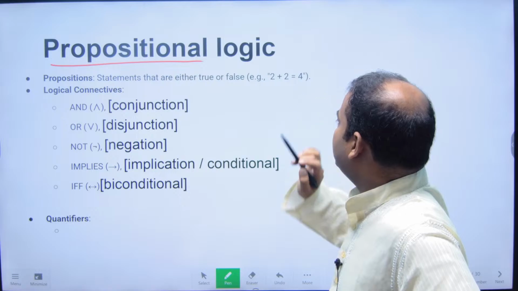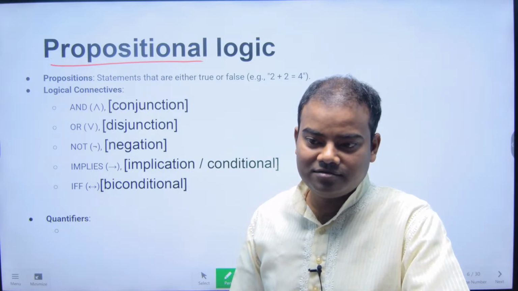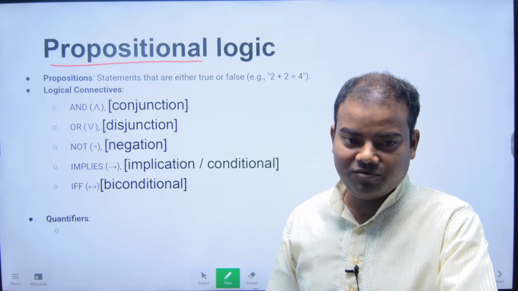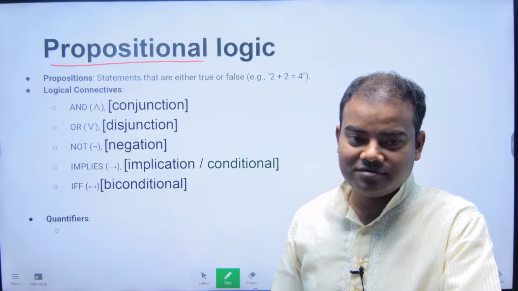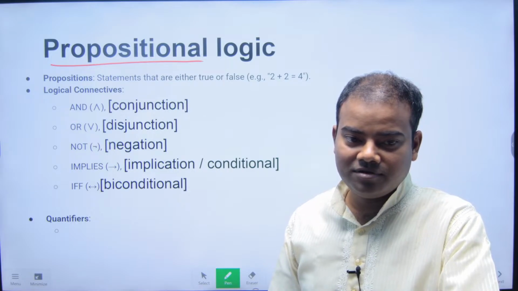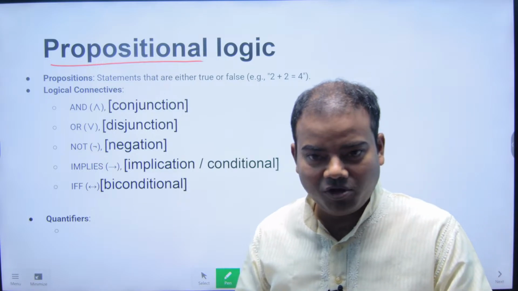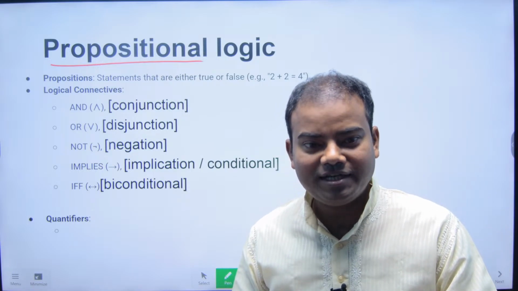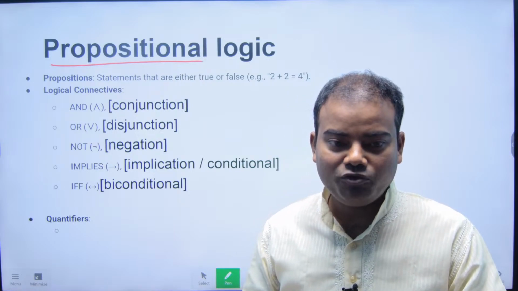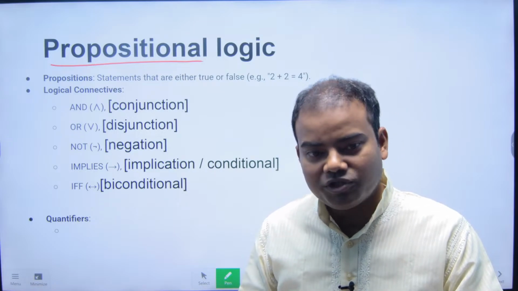For example, 2 plus 2 equal to 4. Is it a proposition? No. Okay. Why? Why not? This is the operation, but this is also a statement. You can say that it is true or false. For example, if 2 plus 3 equal to 4, that is the same.